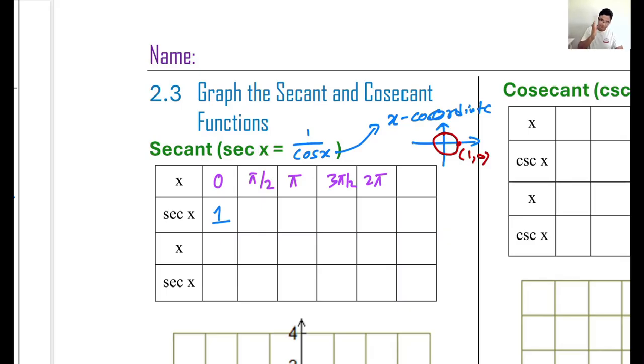At pi over 2, 90 degrees, we are on the y-axis. The point on the y-axis is (0, 1). So the x coordinate is 0 now. Cos pi over 2 is 0. When it is 0, its reciprocal will be undefined. But when it is undefined, we are not just going to be satisfied with that.